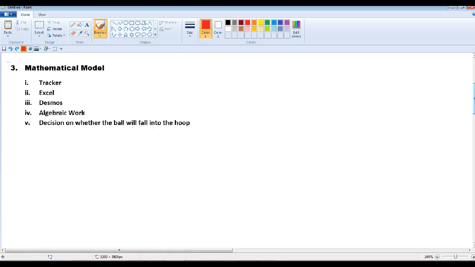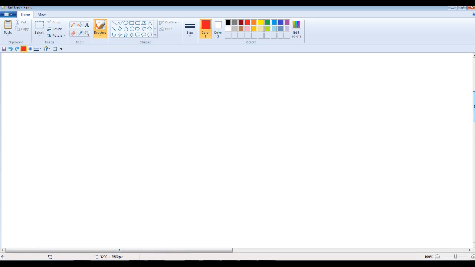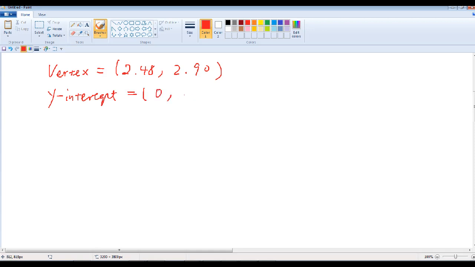Let's go to here. Now you've got the vertex, which is 2.0, and the y-intercept, which is 0. Let's be more precise, 0.00, 1.70.